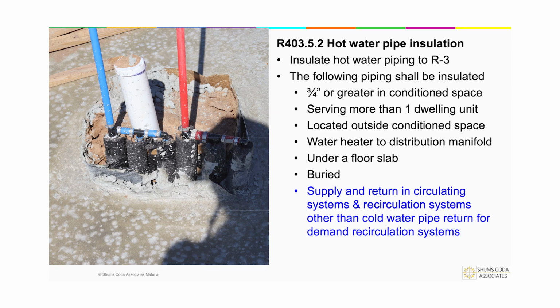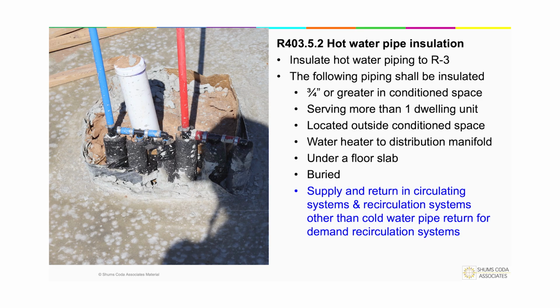Now, the next one is the insulation section, which requires that hot water piping is going to be insulated. It only has to be insulated to an R3 and only in the items that are listed in here. So if it's 3/4 of an inch or greater, it's going to need to be insulated.